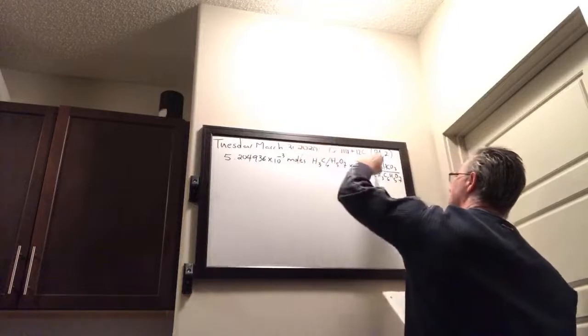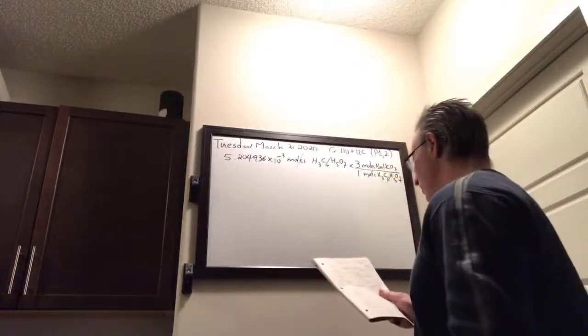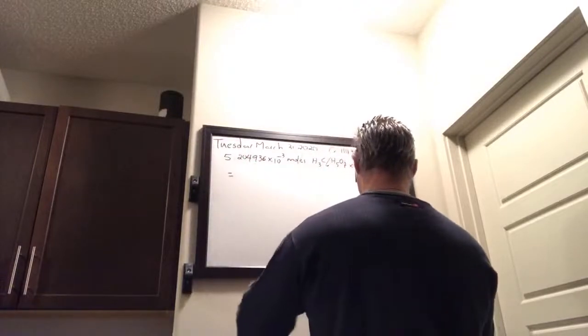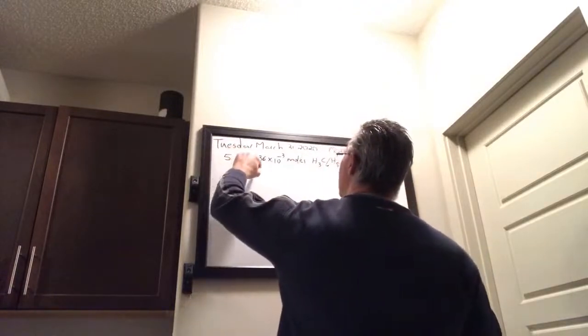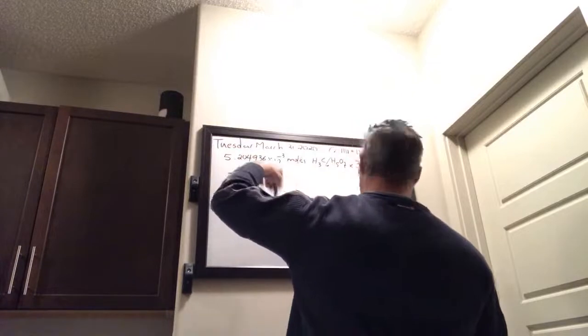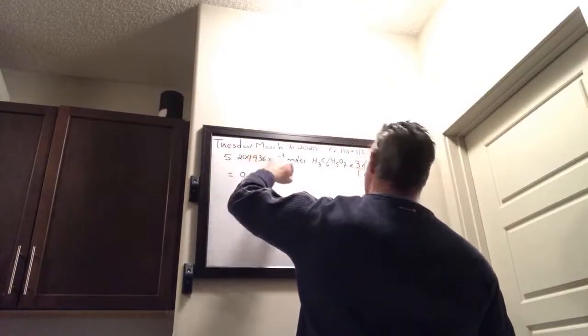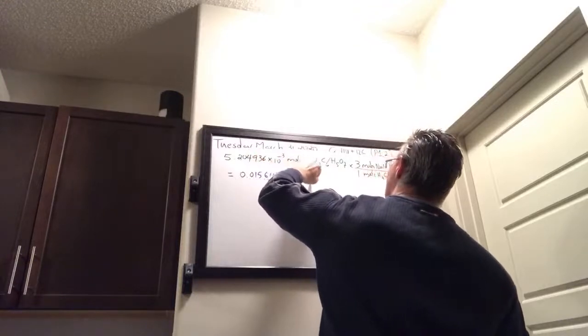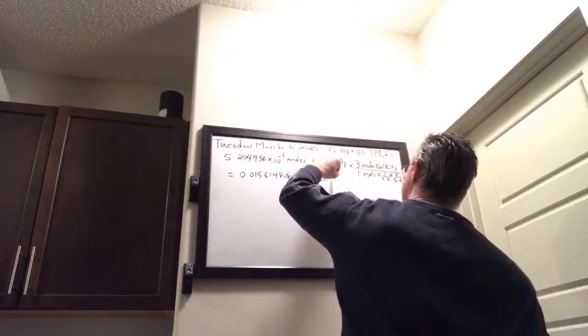Allows me to cancel citric acid. 3 times this number gives you 0.015614808 moles of sodium bicarb needed.